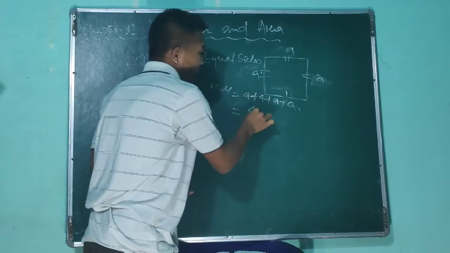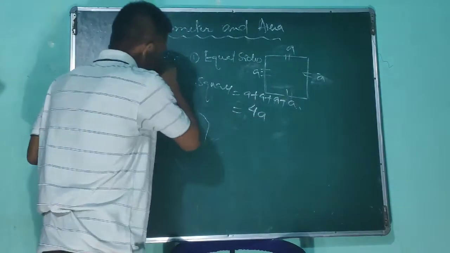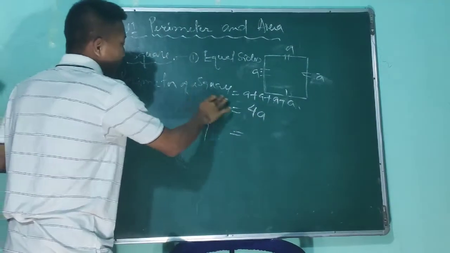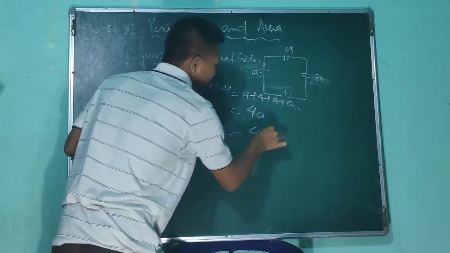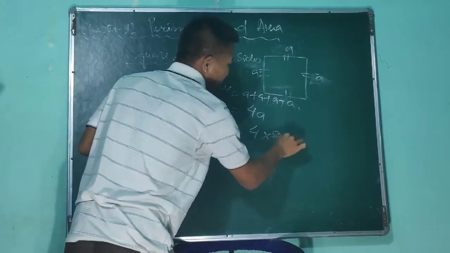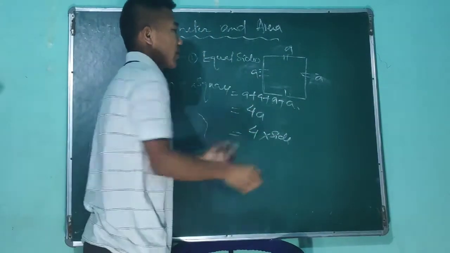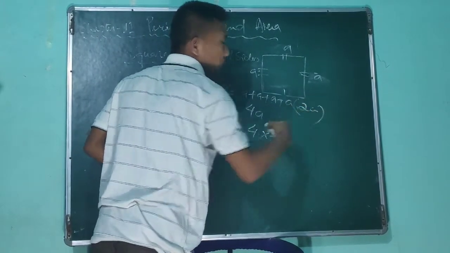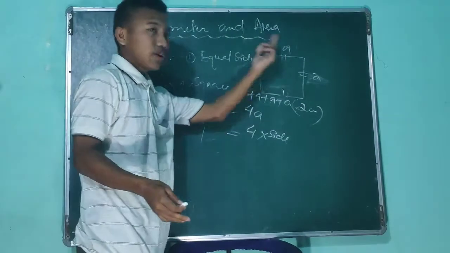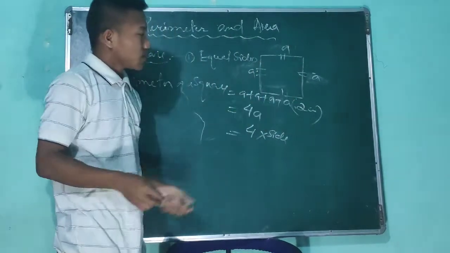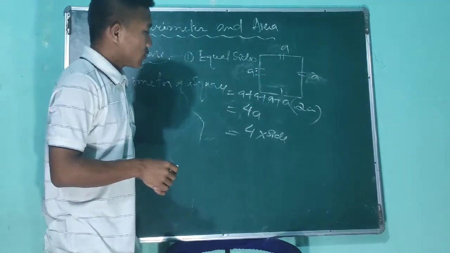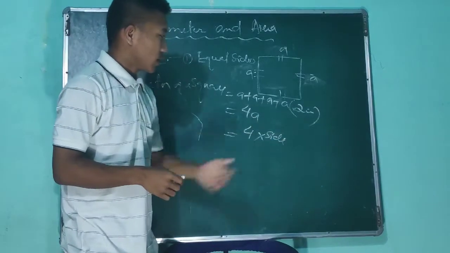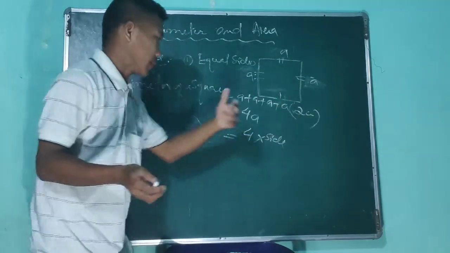So 4A. Or you can just say perimeter of a square is equal to 4 into side. If one of the sides is given as 2 cm, then you have to know that the other three sides will also be 2 cm, or 3 cm, any one.